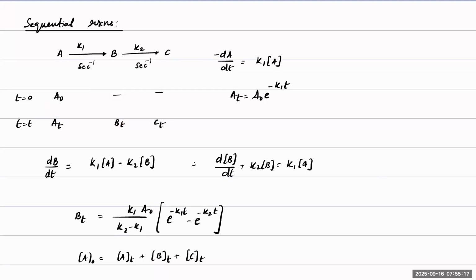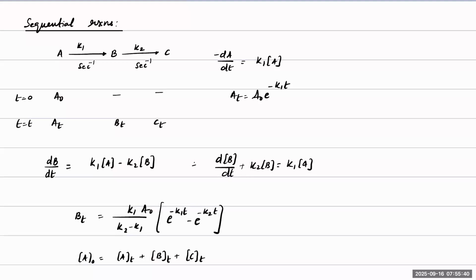Now notice when it comes to B, the rate of change of B is gaining from the first reaction and losing to the second reaction. So gain can be written as K1 into A, loss can be written as K2 into B.